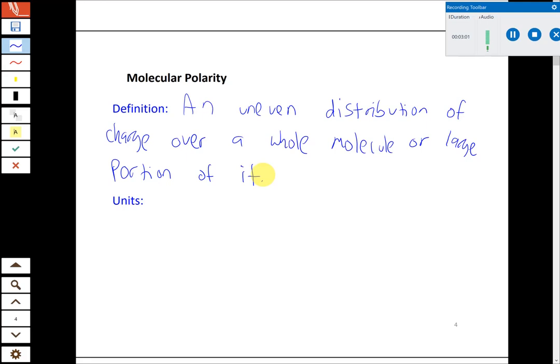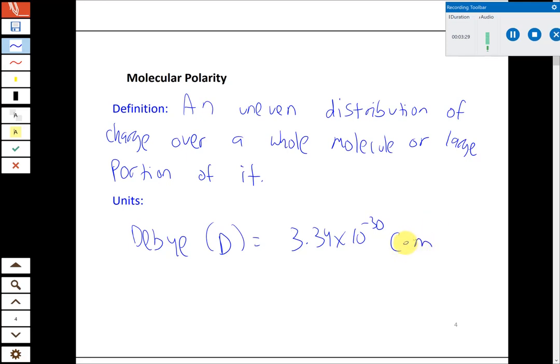The units for that, which is not terribly important, but just to be familiar with it, we're not going to do any quantitative problems dealing with polarity, is measured in a unit called debye, D-E-B-Y-E, abbreviated as capital D. And this is because polarity is sort of a product of charge and distance. It's given as a compact unit, which is 3.34 times 10 to the minus 30th coulomb meters.